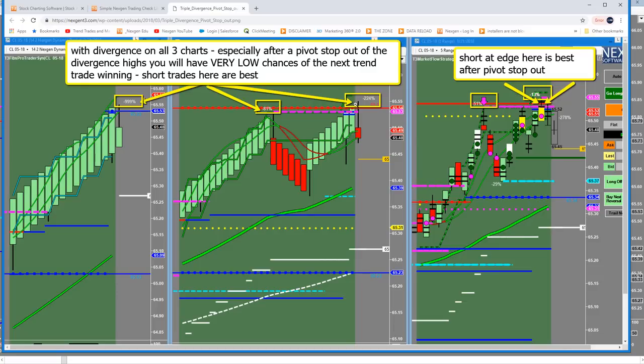Fair enough? I know the rule technically says if there's divergence on 3 charts, but we're just going to use 1 chart today. So we have to modify the rule for this lesson, which is, if you hit red lines and you have multiple divergences, you stop going long. Pretty straightforward. Just want to make sure we're all on the same page 100%.